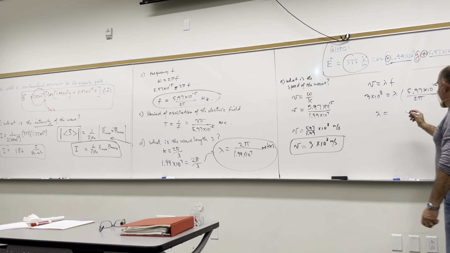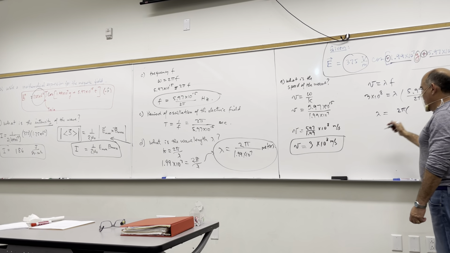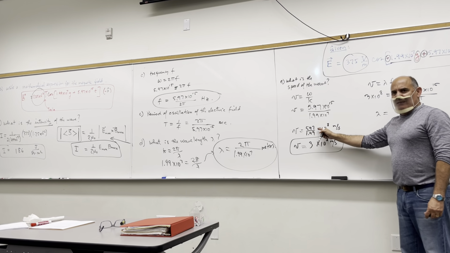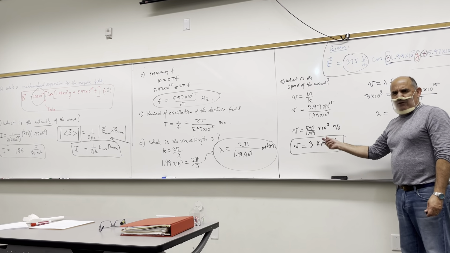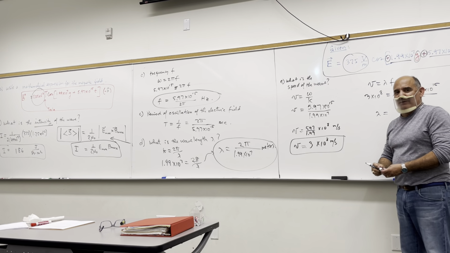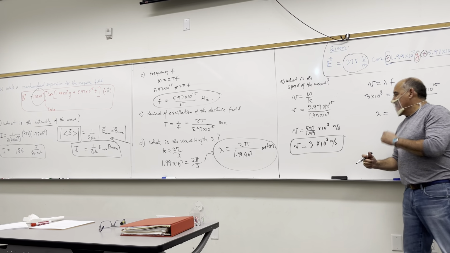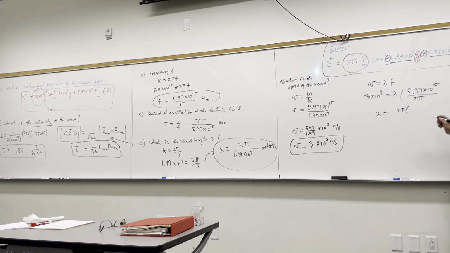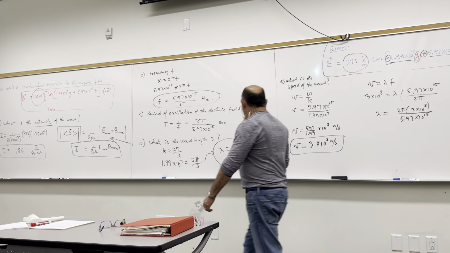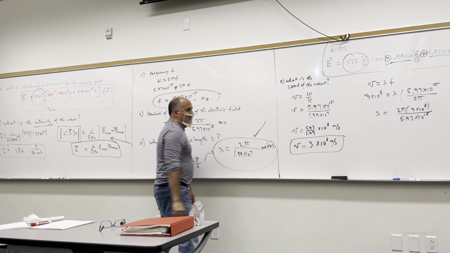So that would be 2 pi. Did this come out as 5.97 divided by 1.993? Or maybe 2.99 is what it's going to come out to be. That's exactly right. Okay, good. So then this would be 2 pi times 3 times 10 to the 8th divided by 5.97 times 10 to the 15, right? Actually, that's the same as this, right?